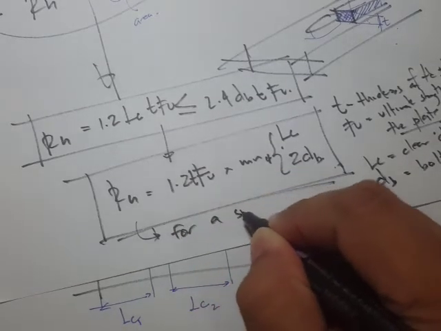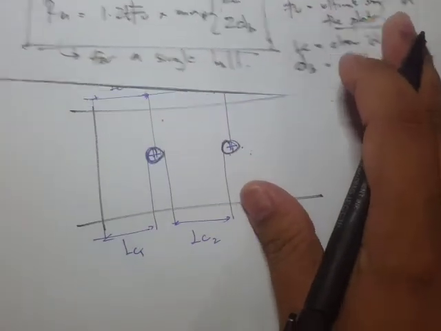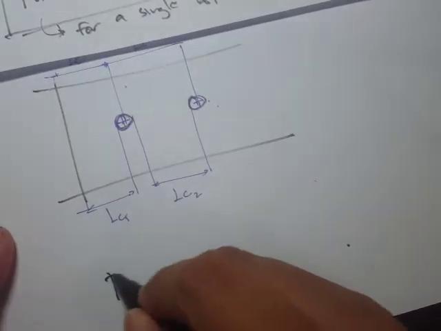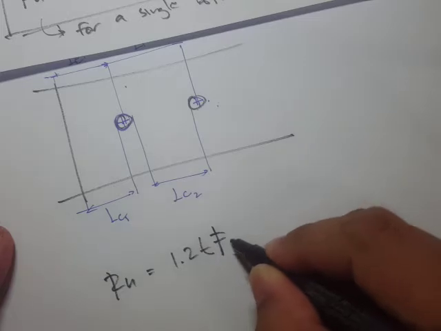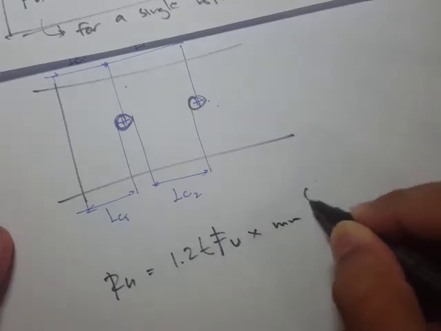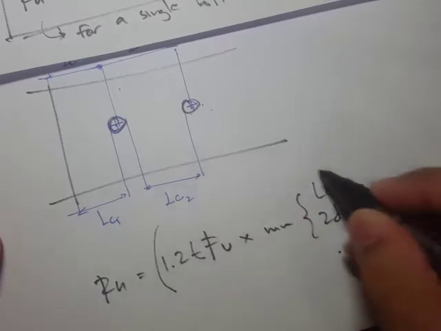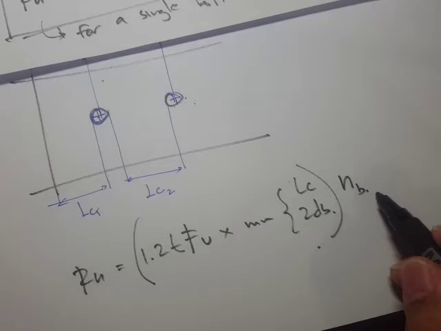for a single bolt. Now if you have, let's say, 4 bolts, then the capacity, you should multiply that by the number of bolts. So for example, we have 4 bolts, then you should include this nB.